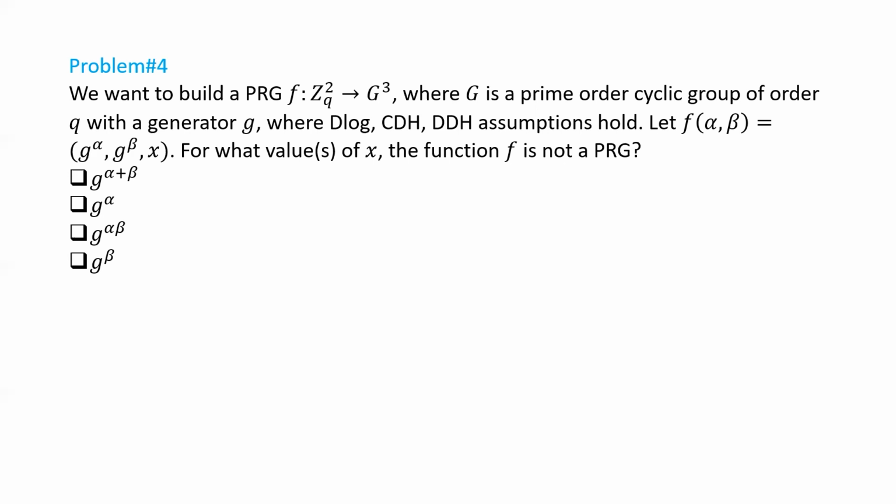So we conclude that the third option is the only choice where F will be a PRG. So the answer is actually first, second, and fourth, where it will not be a PRG.